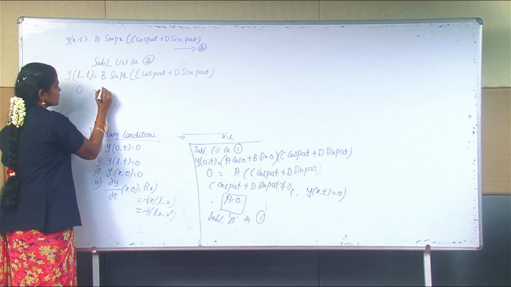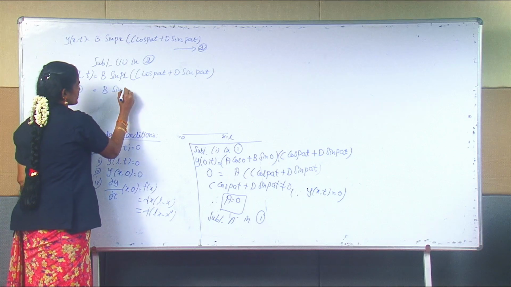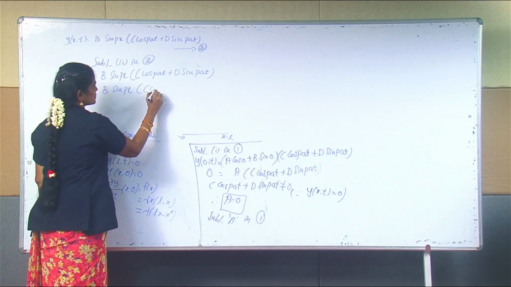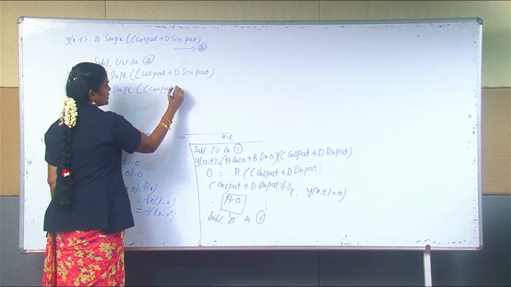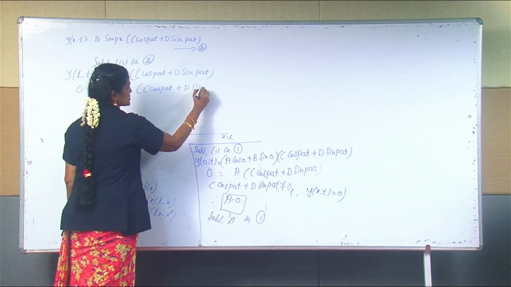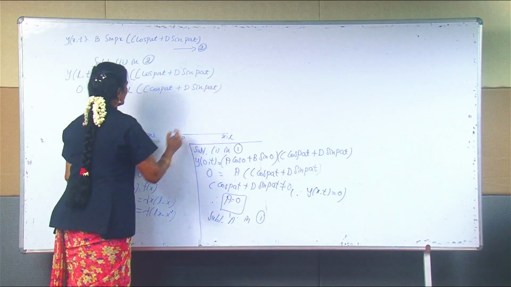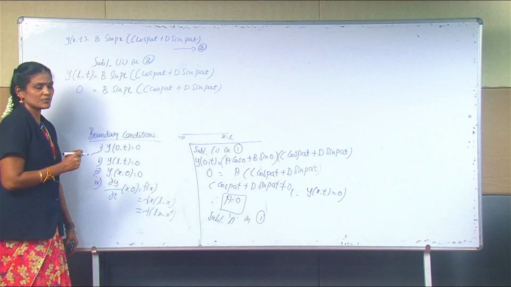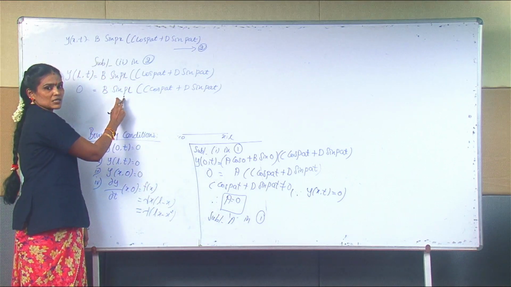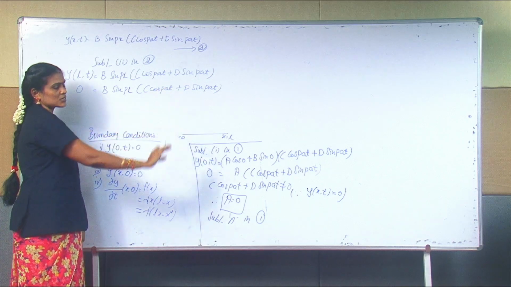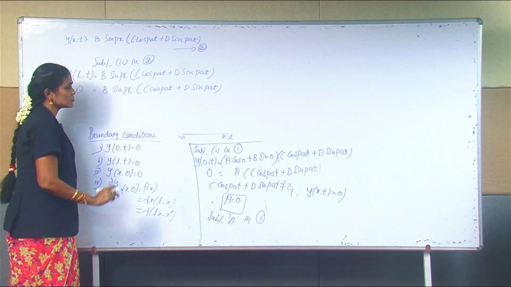So, 0 equal to b sin pL into c cos pat plus d sin pat. Here we have three possibilities: either b equal to 0, or sin pL equal to 0, or c cos pat plus d sin pat value is 0.